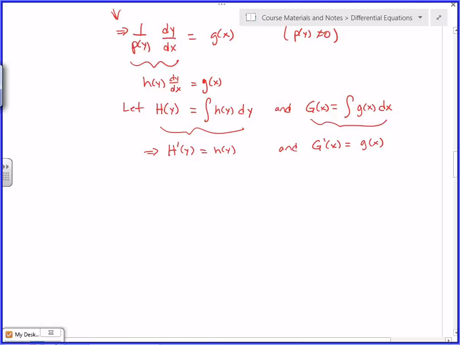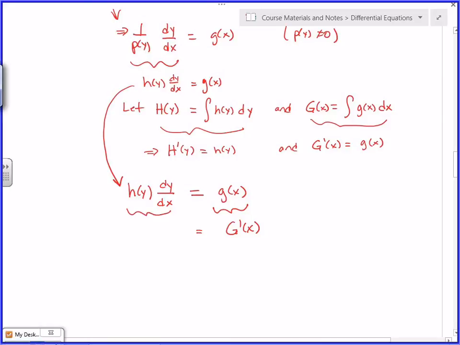Okay, so come back to here. I've got h of y dy/dx is equal to g of x, okay? So this here is just G prime of x, right?